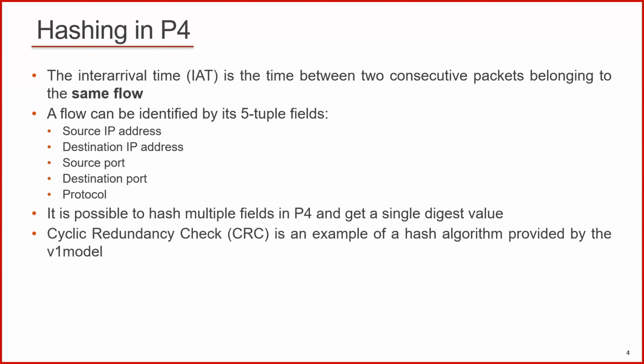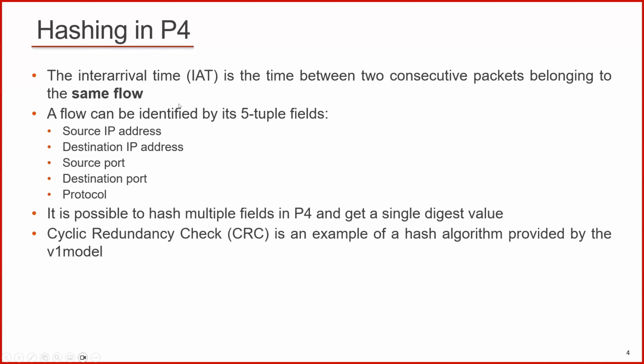As mentioned, the inter-arrival time can be calculated between packets belonging to the same flow, and the flow you can basically define as you want. It could be based on the source and destination IP addresses. It could be the 5-tuple, which is source, destination IP address, source port, destination port, and the protocol.